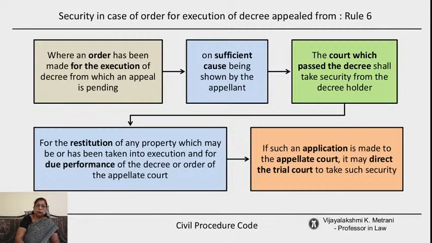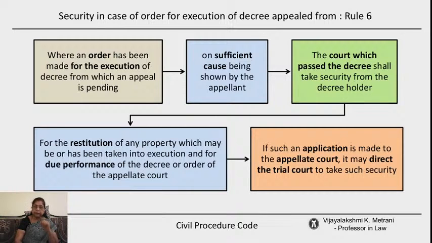Now, in case an execution of decree has been appealed from, sometimes an order of execution has been made by the court, and from that there is an appeal. So, in that case, what are the provisions relating to security?